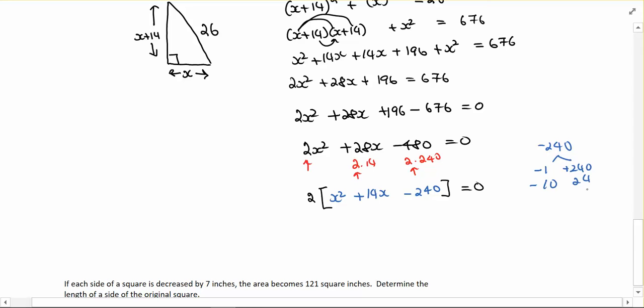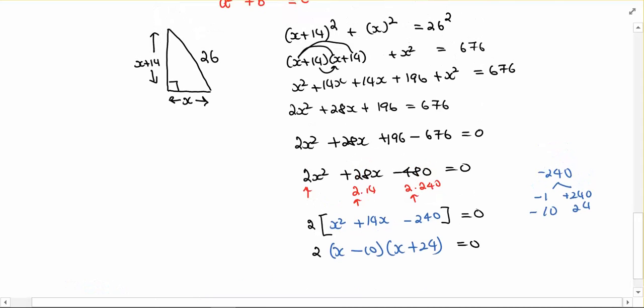Is that what I want? I think so. I want numbers that multiply to be 240, those two do, and add to be positive 14. So this inner part factors as x minus 10, x plus 24, and don't forget the 2, equal to 0.